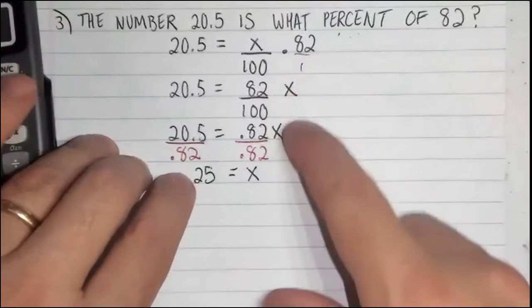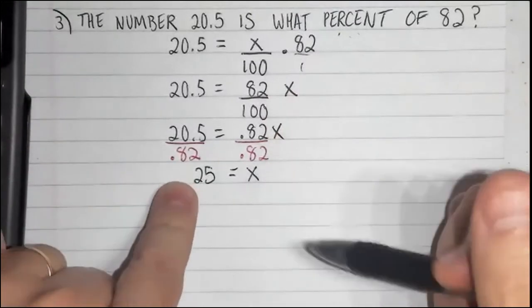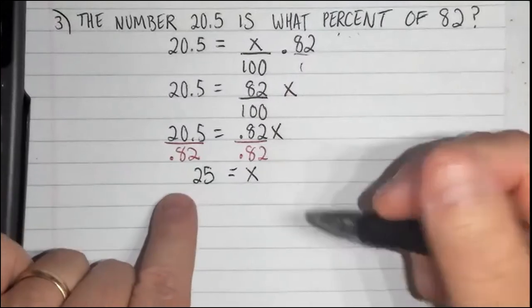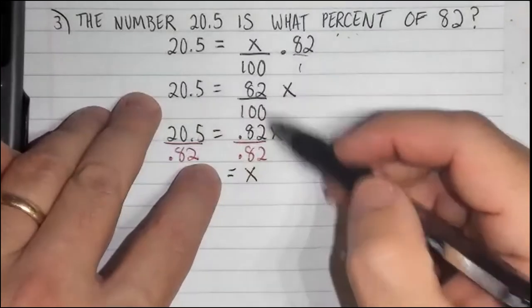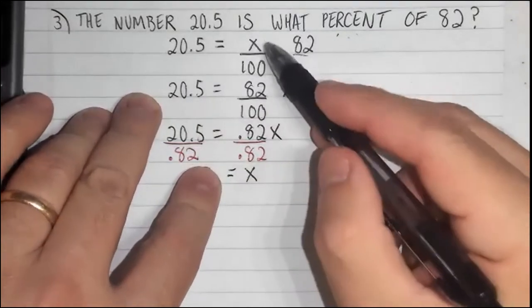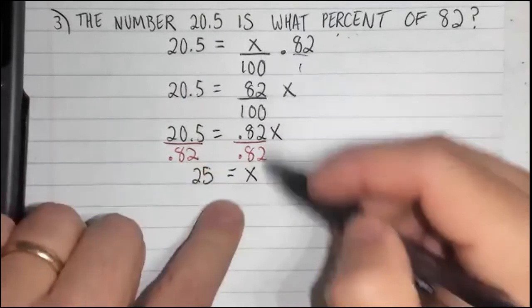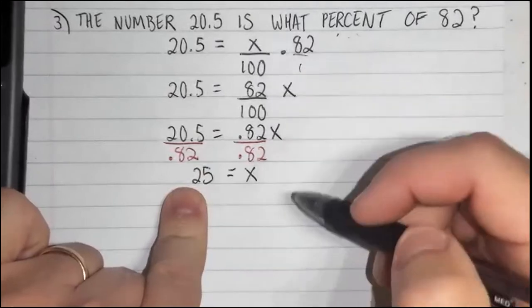If you did it another way, where you had 0.25 as your answer, that's wrong because it would have to be converted to a percent. When you do it this way, with the x over 100, when you get your answer, that answer is already in percent form, because that's why we wrote it as x over 100.